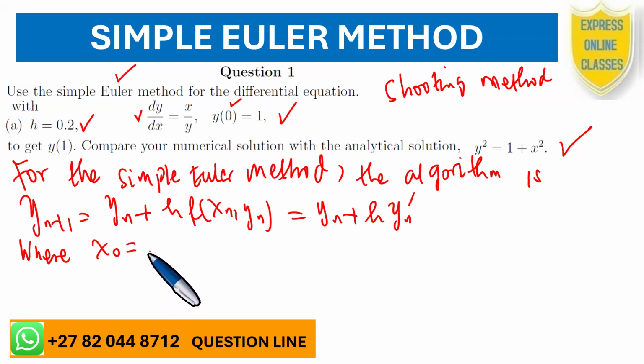So x0 is 0, and our y0 is y at 0, and y at 0 is 1.